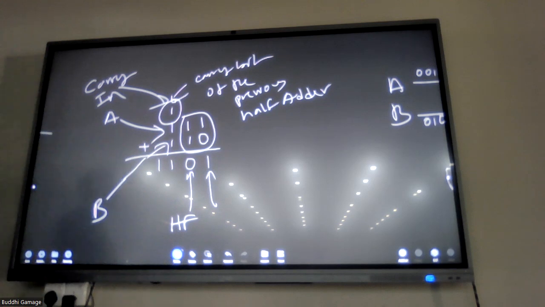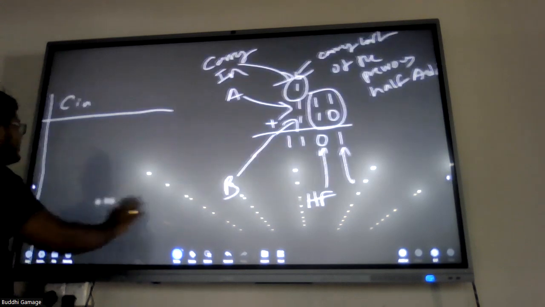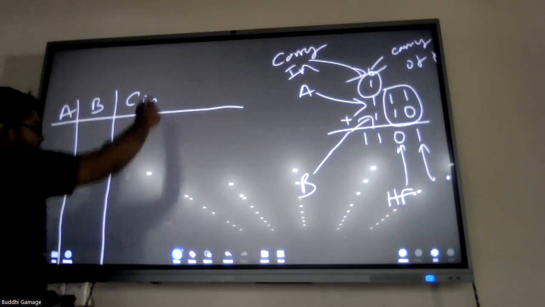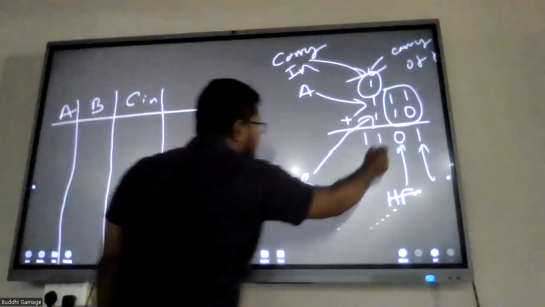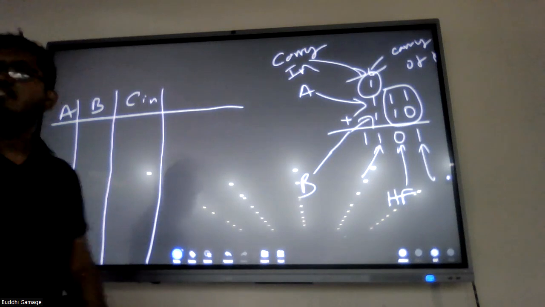So that means we are going to simplify the problem. Okay, so there should be 3 inputs and 2 outputs. So what is this? This is the current sum, right?